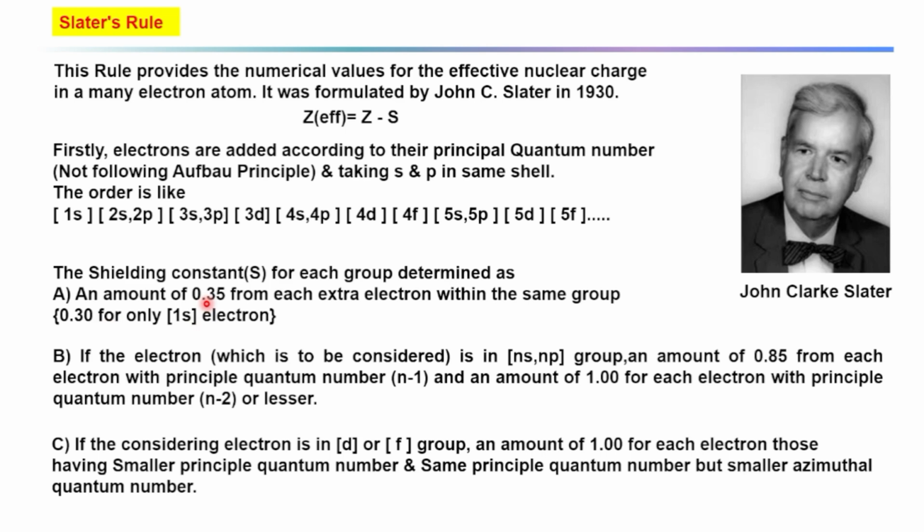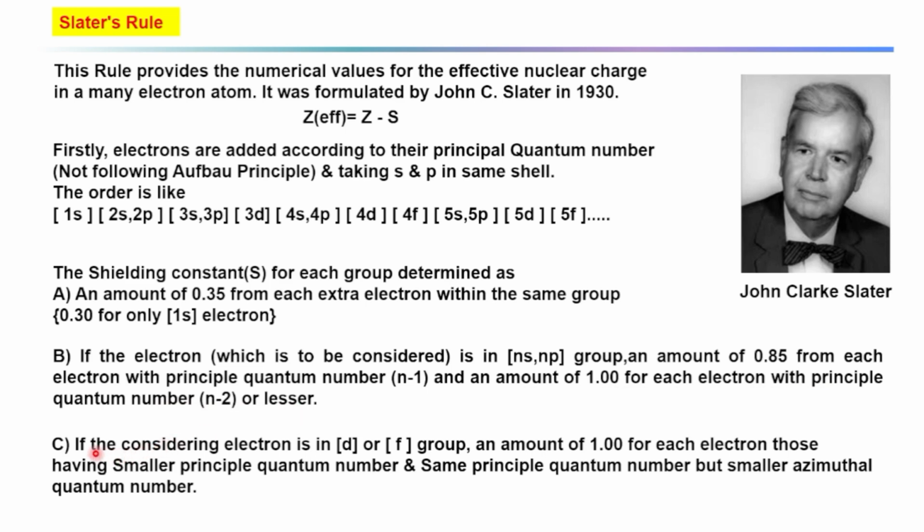So these are actually called groups. This one is one group you have created, this one is another group. You have grouped the electrons for determining this shielding constant. If the electron to be considered is in the ns or np group, an amount of 0.85 from each electron with principal quantum number n-1, and an amount of 1 for each electron with principal quantum number n-2 or lesser.